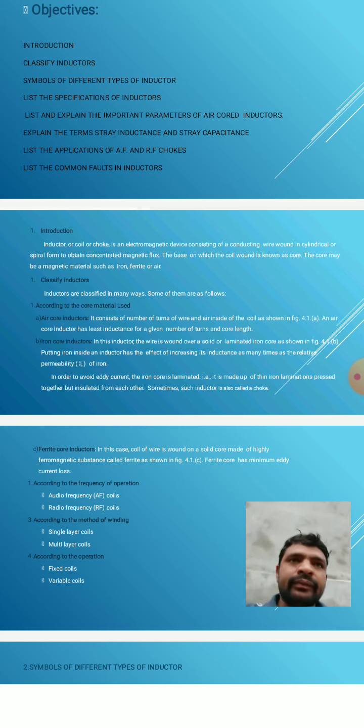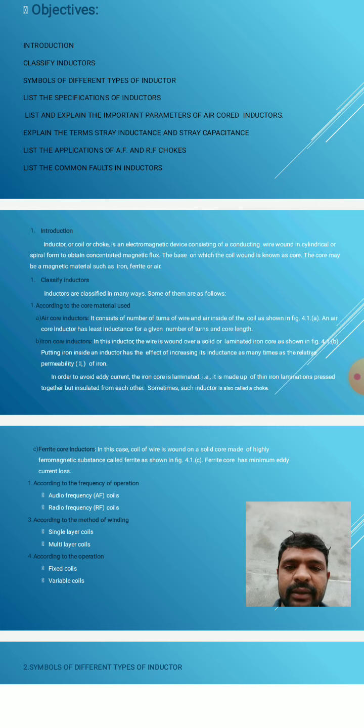The base on which it is wound is called the core material. The core material may be magnetic or non-magnetic. Examples of magnetic materials are iron and ferrite. Non-magnetic materials are air core or plastic.